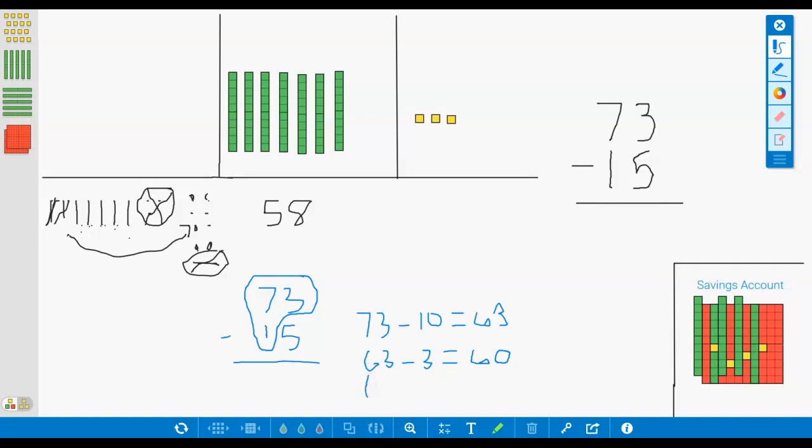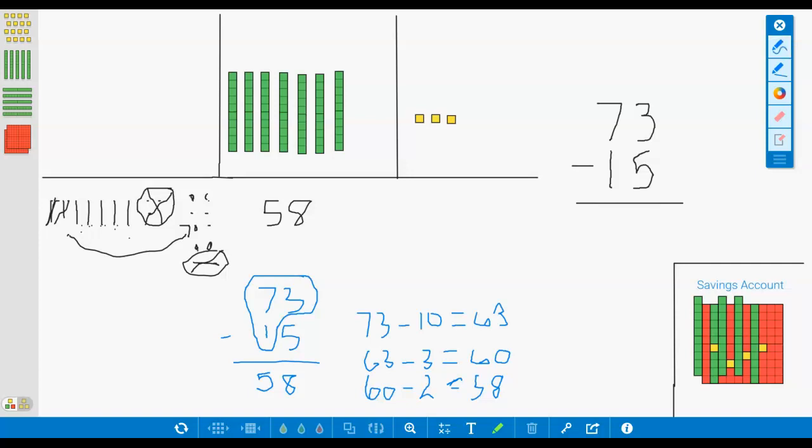So 60 isn't quite my answer because I still need to take 2 more away. And that will leave me with 58. Now, I used a different strategy, but I'm still left with the same number of 58. That seemed to work out too.